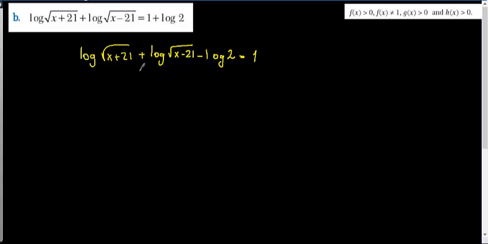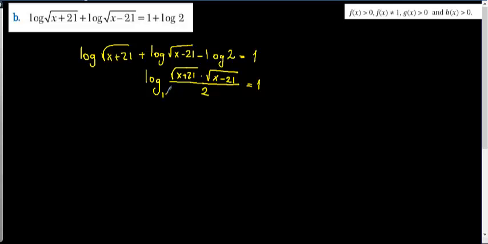Here the addition outside means, inside the logarithm, it's going to be multiplication. Root (x plus 21) times root (x minus 21) over 2 is equal to 1.